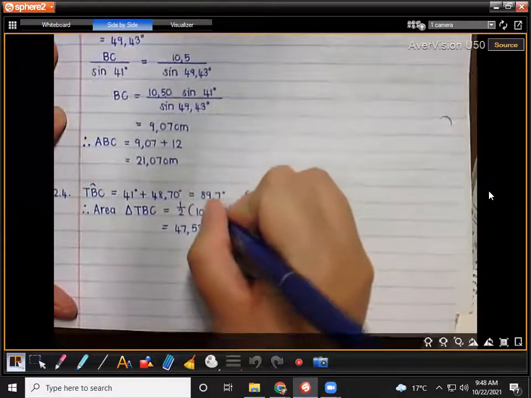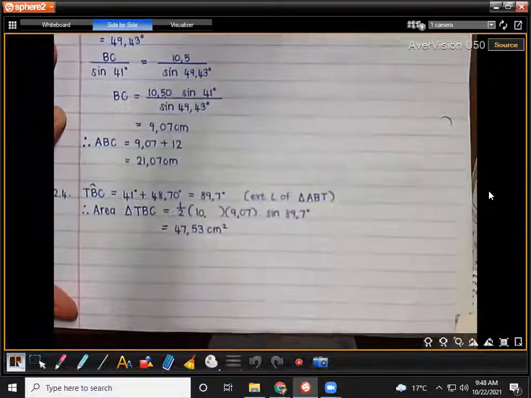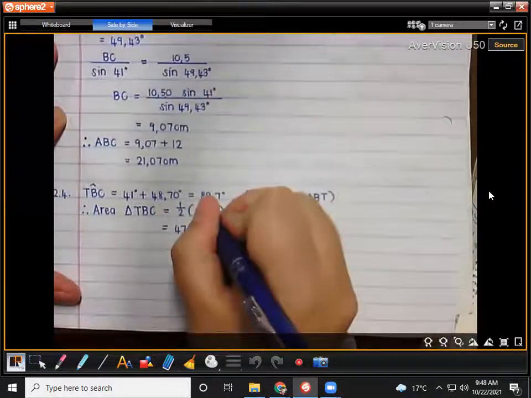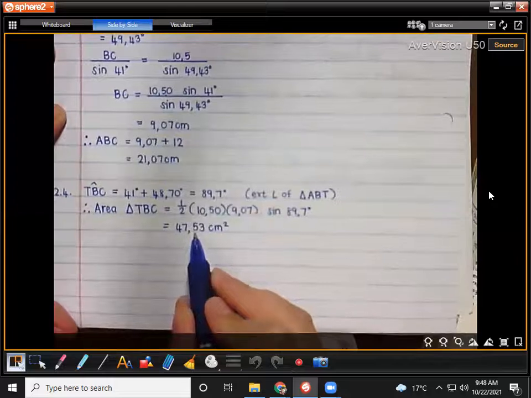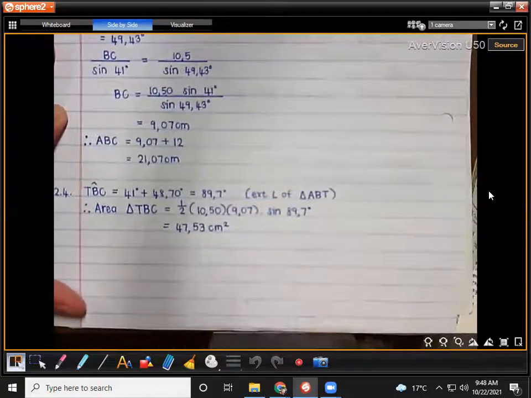Let me just fix this quickly. What is the answer if it's just 10.5? Almost 6.5. 6.1, thank you.